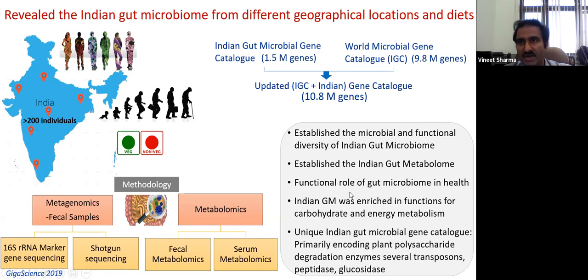We looked at the function of this gut microbiome in health, which I will present later in my slides. Particularly, the human gut microbiome in India was rich in carbohydrate and energy metabolism functions. For this, we employed 16S, shotgun, and metabolomic approaches, and also did serum metabolomics to validate the findings from the gut.